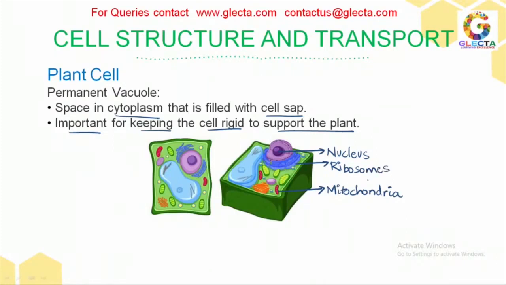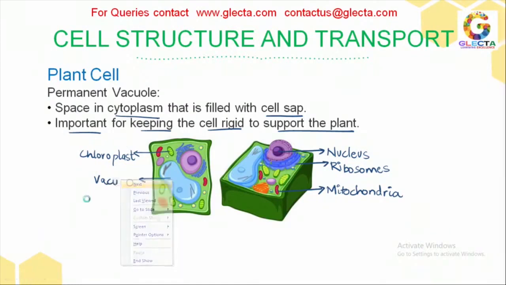Other than these parts that are already present in your animal cell, there is a special structure, which is the green one, your chloroplast, and a permanent vacuole. So these are the structures that are present in your plant cell.